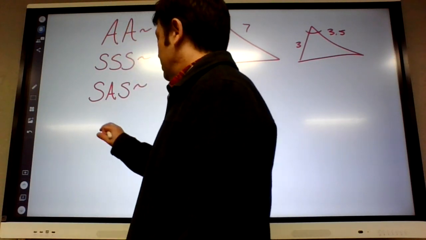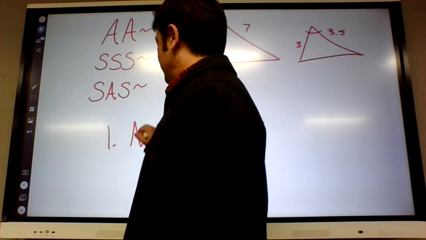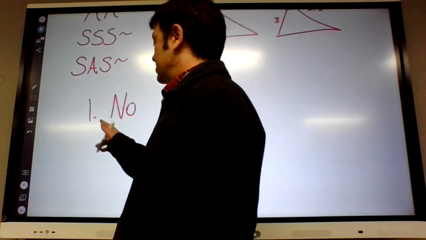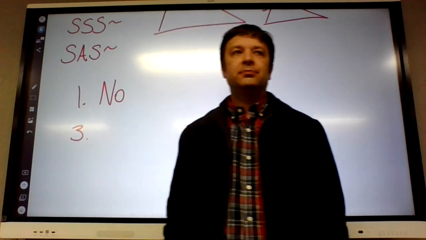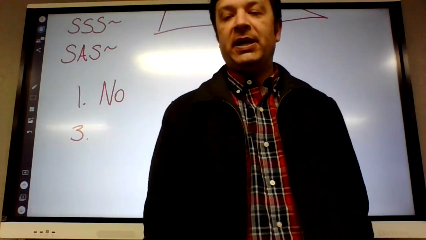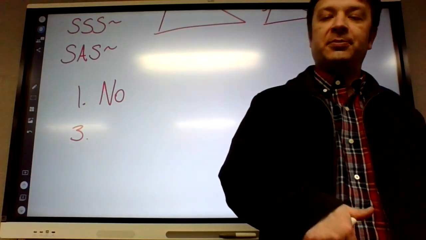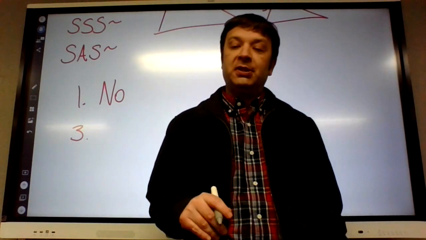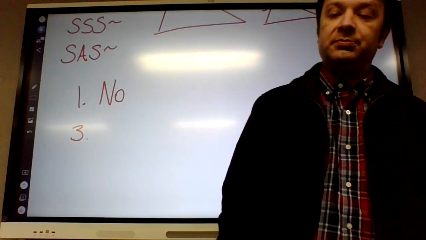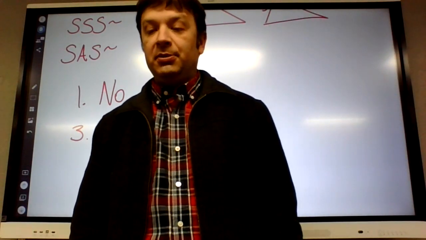So we don't have to write a similarity statement on number one because they're not similar, so we're just going to put no. A similarity statement is not the AA or SSS. That is a reason that we know they're similar, which we do have to state. The similarity statement is triangle UTS is similar to triangle UDE or whatever.